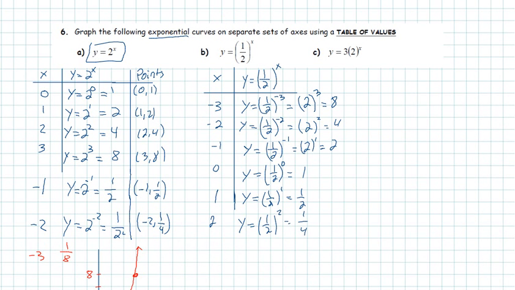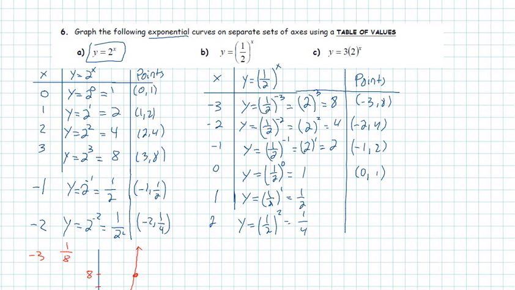So my points are the following. Negative 3, 8. Negative 2, 4. Negative 1, 2. 0, 1. 1, 1/2.